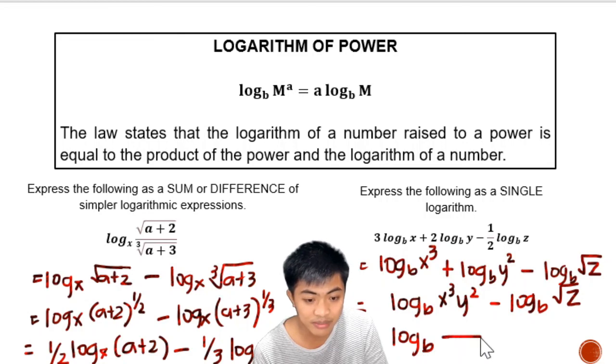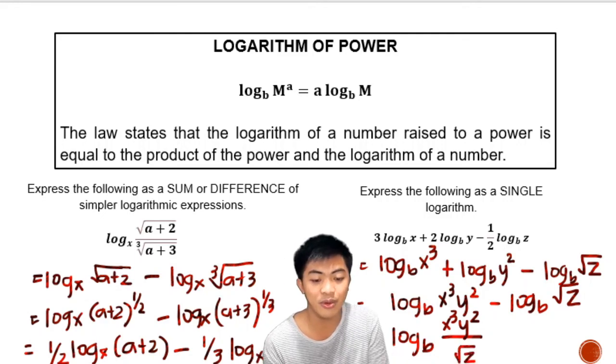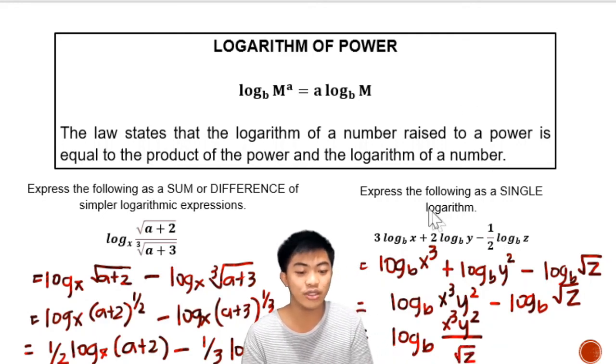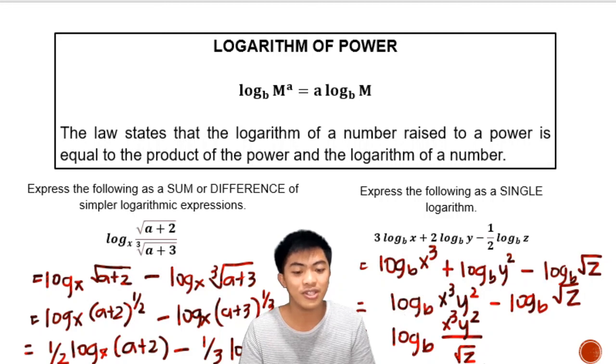So for the fraction, whatever is written first, that will be the one written on top. And of course, square root of z here will be the one to be written on the bottom. So there you have it. We already condensed these 3 logarithmic expressions into just one single logarithmic expression.